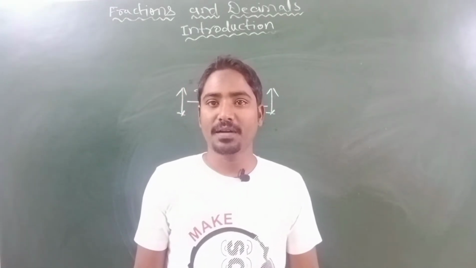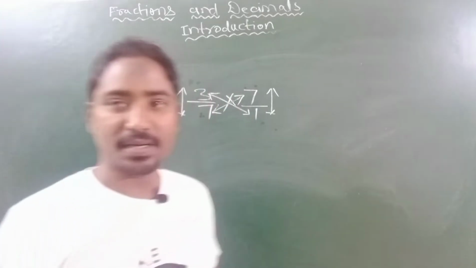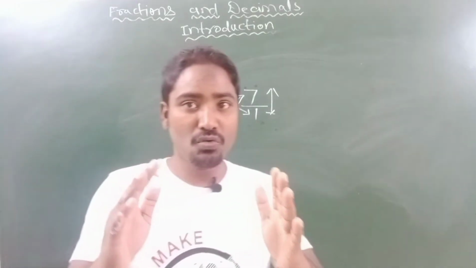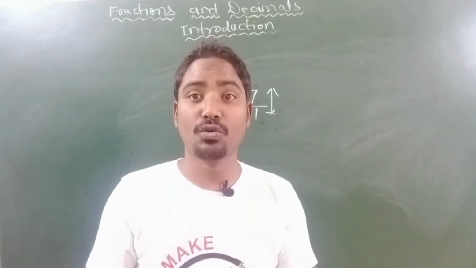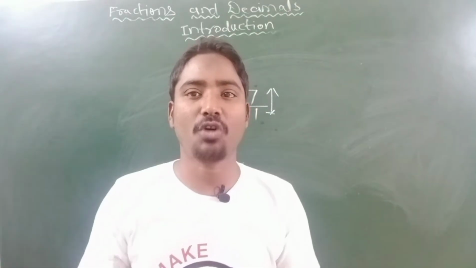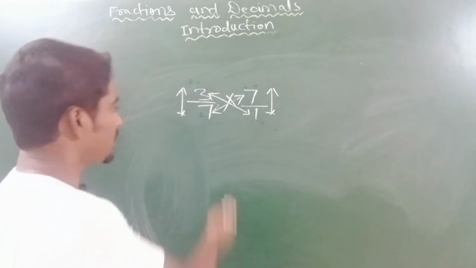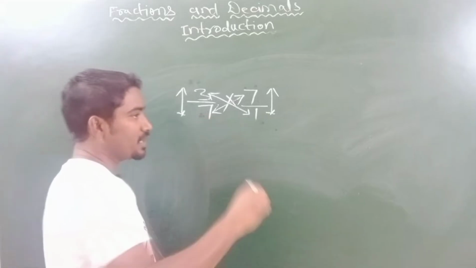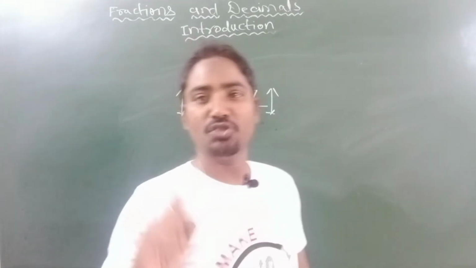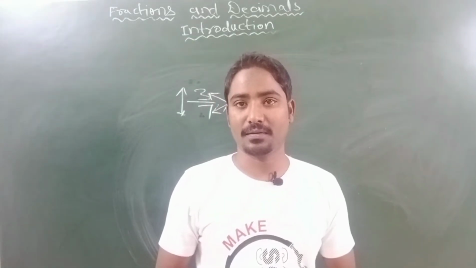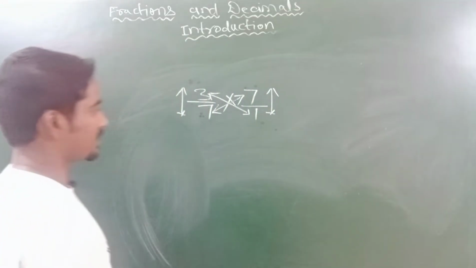So I hope that you can find out the common factor between them. Here you came to know that between numerator and denominator only you have to find out the common factor.